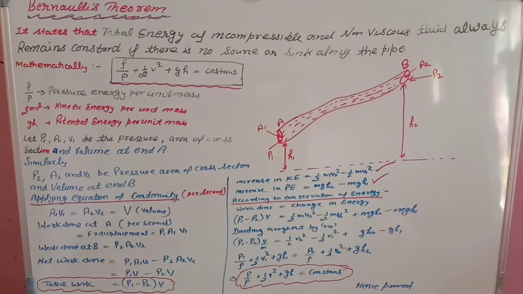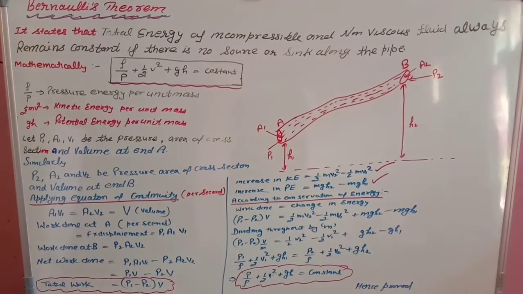Okay, so let us see mathematically what happens. Mathematically, it is P upon rho plus half v square plus gh equal to constant, where rho means density. Now you will think, what are these quantities? Students, these are the energies.